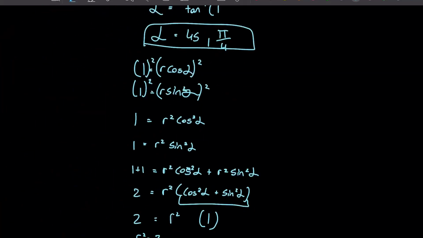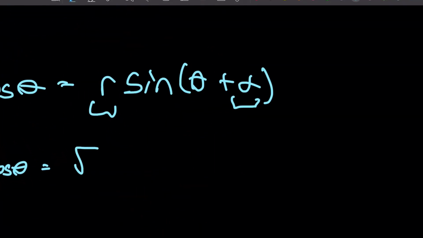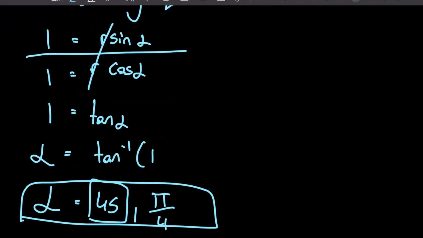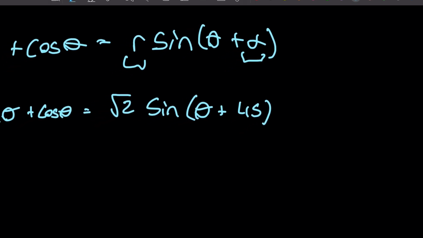So we can say it's equal to root 2 times sine of theta plus alpha, which alpha's value was found to be 45 degrees or pi over 4. So theta plus 45. And yeah, so that's actually what the question had asked us, and that's 5 marks right there.